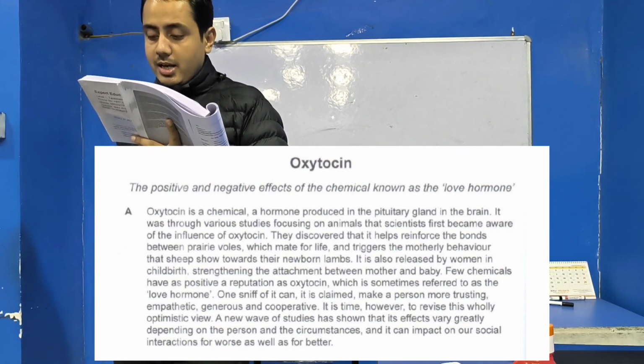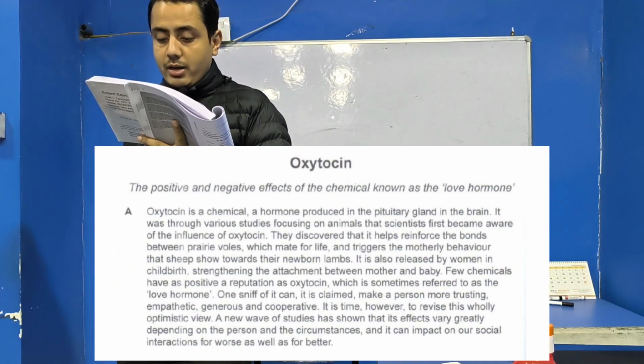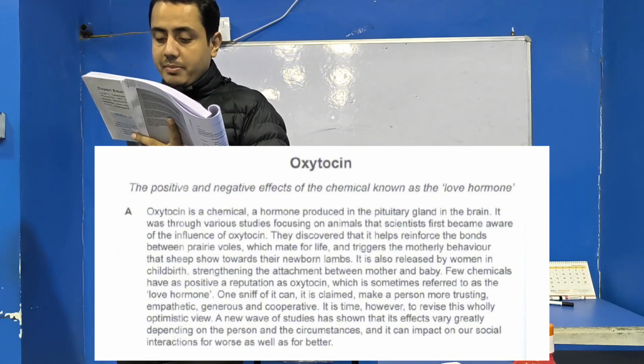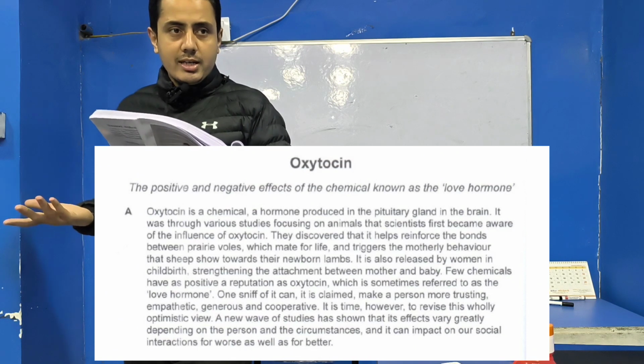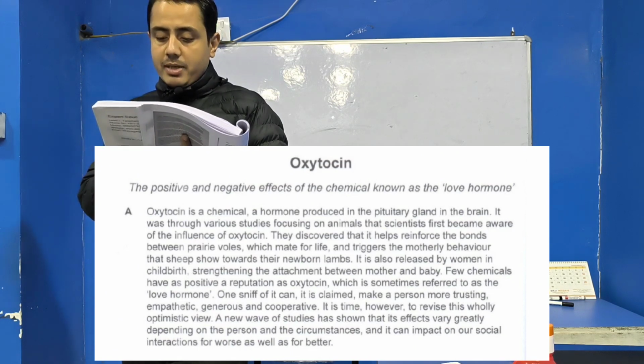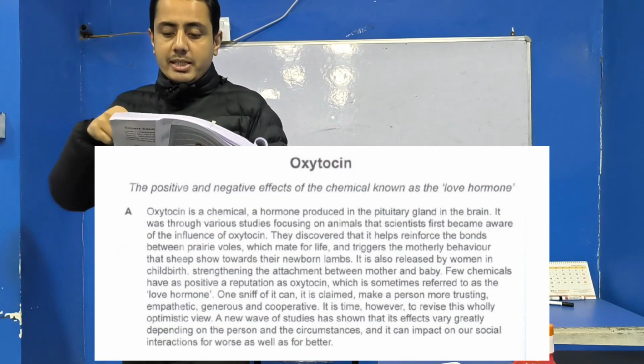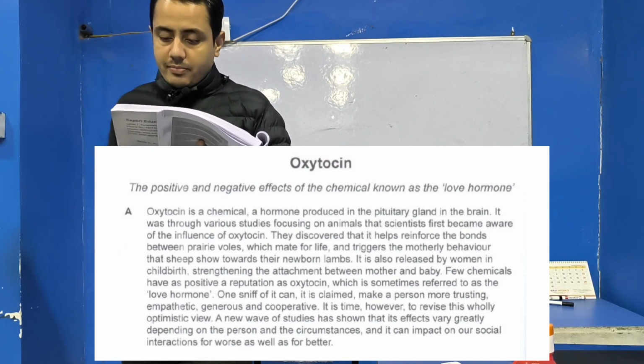It says studies here. Animals, scientists aware, influence, discovered, help, bonds, males, mate, triggers, motherly behavior, released by women, strengthening the attachment between mother. You can see the benefits of oxytocin, I guess. Strengthening the attachment between mother and baby. I guess that is the benefit of oxytocin. But research is not mentioned in this paragraph.